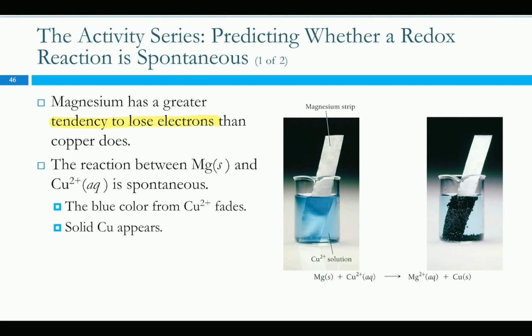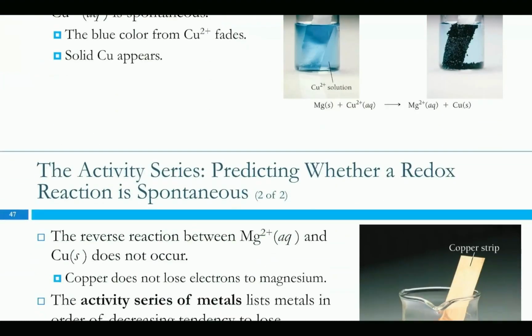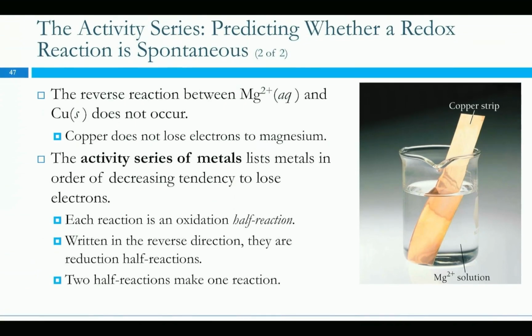So in this example, magnesium and copper, the blue color from the copper 2+ fades, and then solid copper appears. It's not pretty copper, but it's there as the magnesium is being oxidized. The activity series is basically that.